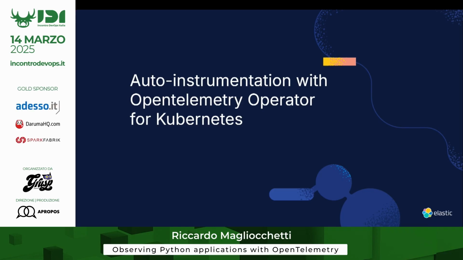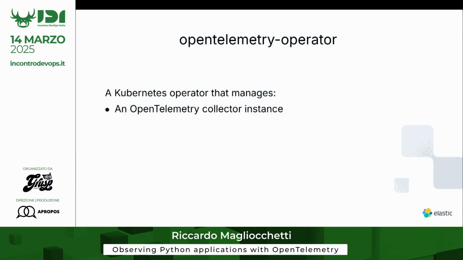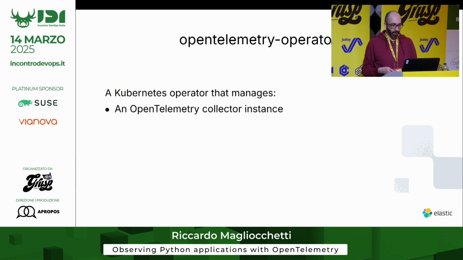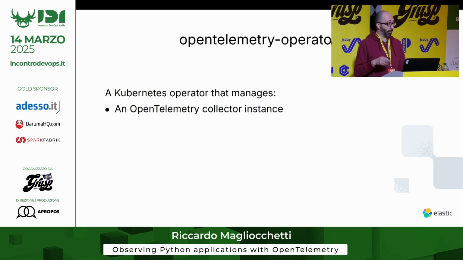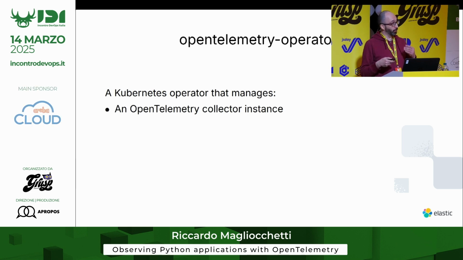Let's look at the options we have to actually observe our Python applications with OpenTelemetry. I will start with the OpenTelemetry Kubernetes operator. The OpenTelemetry operator consists, of course, of a Kubernetes operator, but manages a couple of things. First, it manages an OpenTelemetry collector instance, and the OpenTelemetry collector is an implementation on how to receive, process, and export telemetry data in various formats.